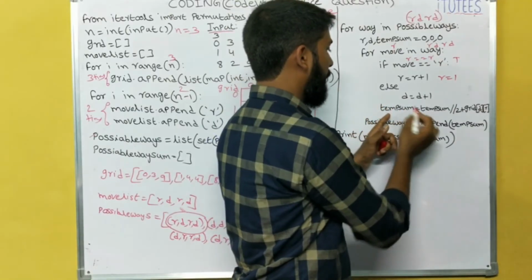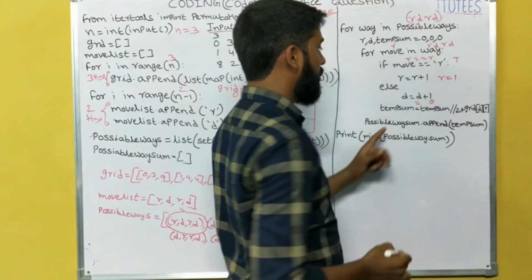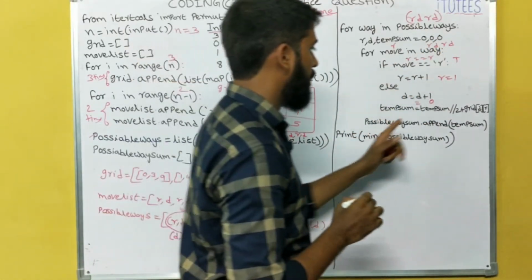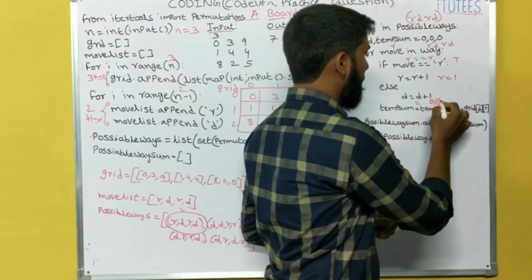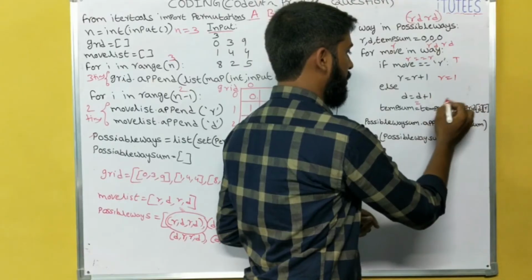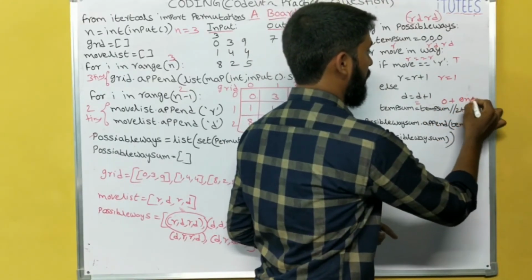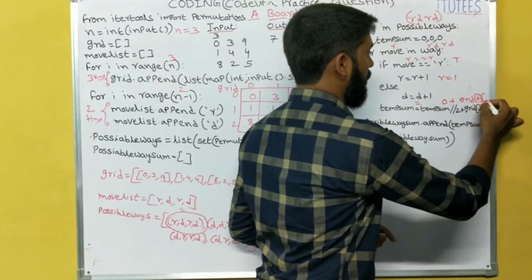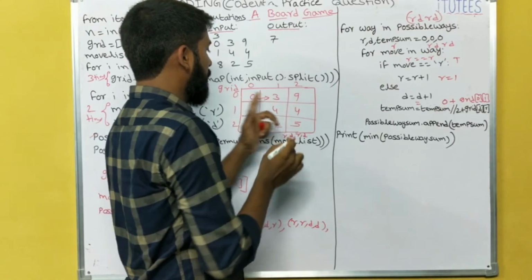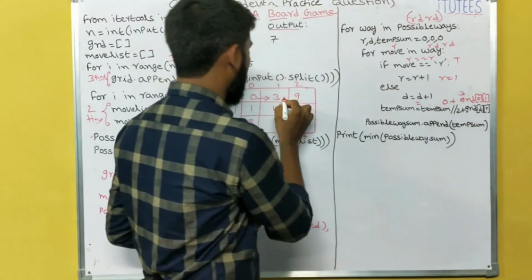Temporary sum is the variable, and the initial value is 0. So 0 plus grid of 0, 1, which is 3.